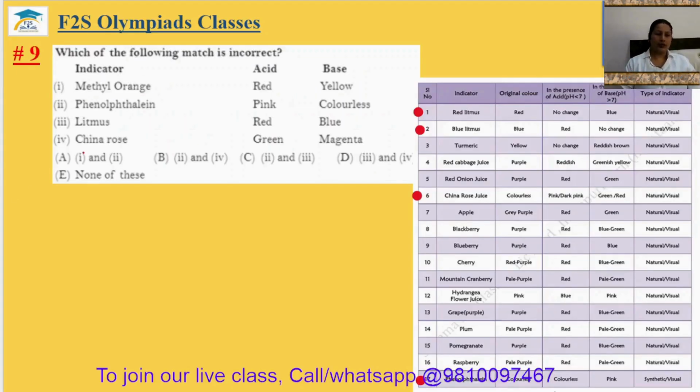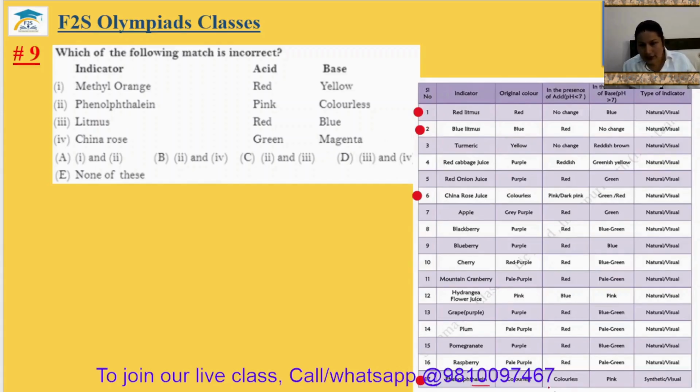Question number 9. Which one of the following matches is incorrect? So I have pasted here the indicator chart. You can note it down in your notebook. And for this question, you can see methyl orange. Okay, now check the phenolphthalein first.